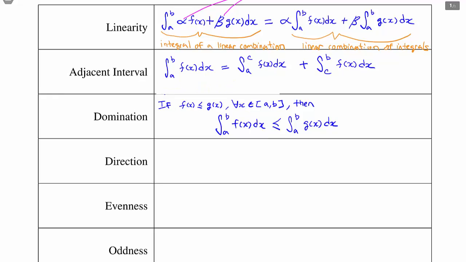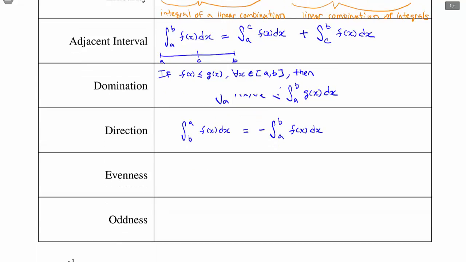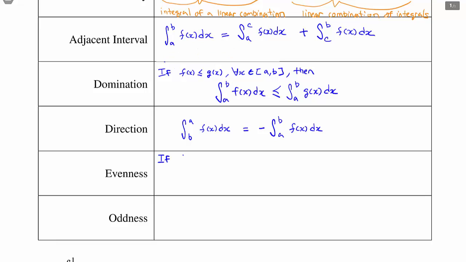Direction. If we wanted to integrate from b to a of f, then this is equal to the negative of the integral with the right way around, from a to b of f. Evenness. So if we had the property that f of minus x is equal to f of x, and we wanted to integrate from minus a to a of f, well then that's just simply 2 times the integral from 0 to a of f.